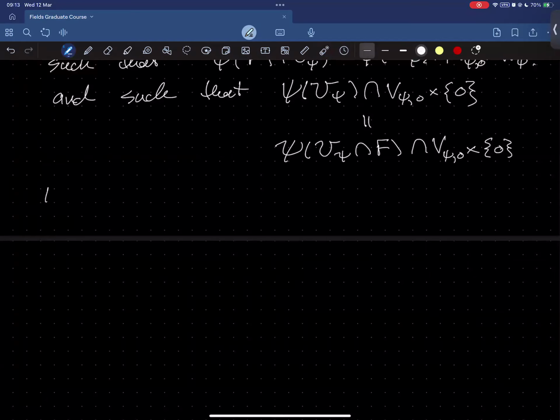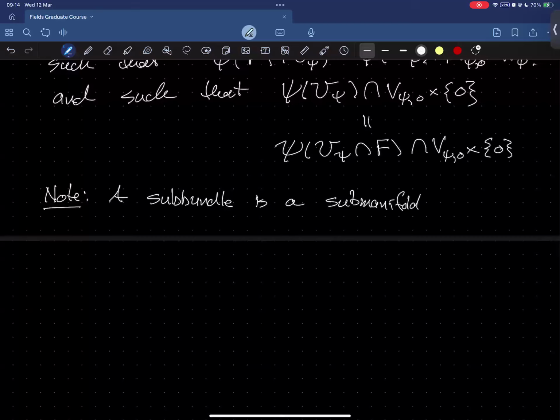So note a subbundle has two immediate properties from this definition. It is a submanifold of E. Okay.